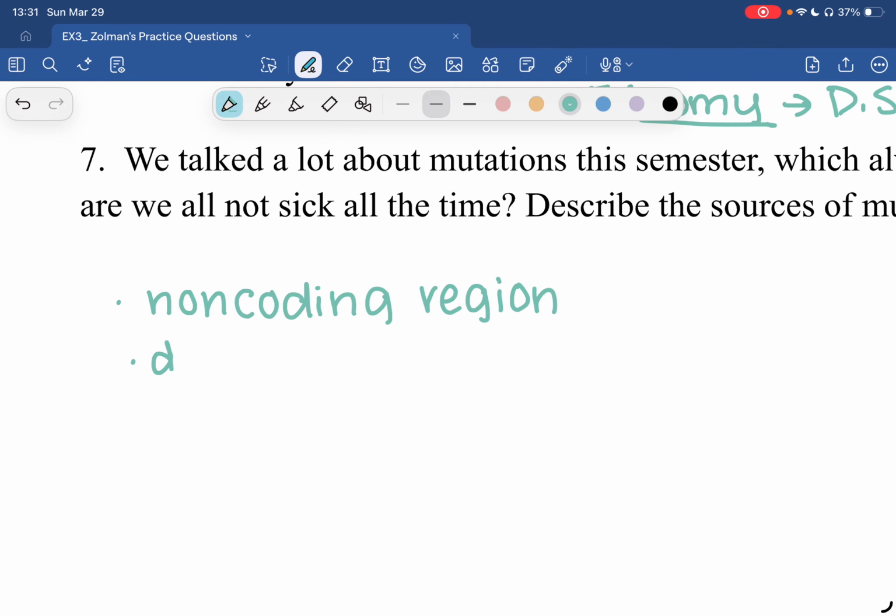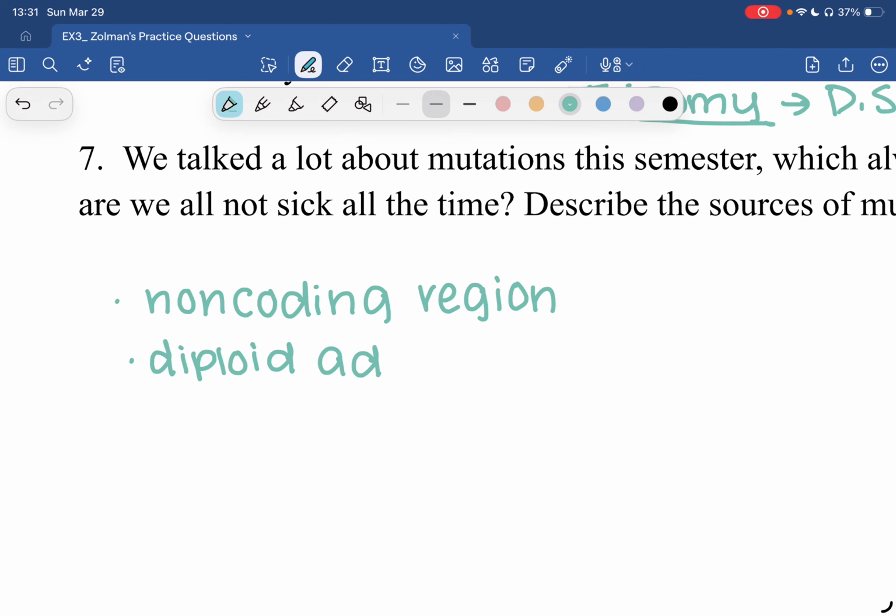You also have a diploid advantage. This is when you have 2 copies of something. So if you have a bad or a mutated copy, it's okay, because your second normal copy that is functional can typically make up or supplement for the bad copy.